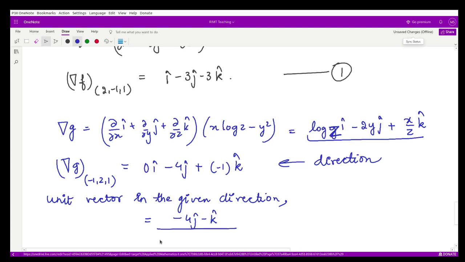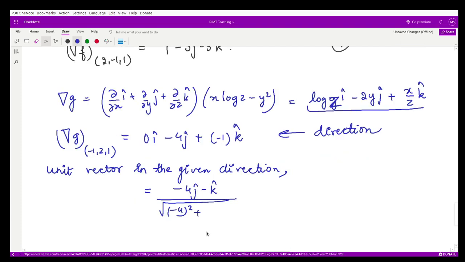So it would be square root of minus 4 whole square plus minus 1 whole square. So this is equal to 16 plus 1, that is 17, square root of 17. So we have minus 1 by square root of 17 and the quantity 4 j cap plus k cap. So this is the given direction. Say this is your equation number 2.